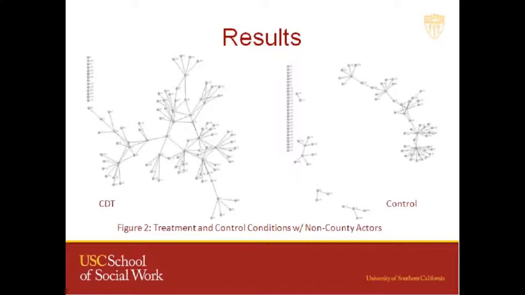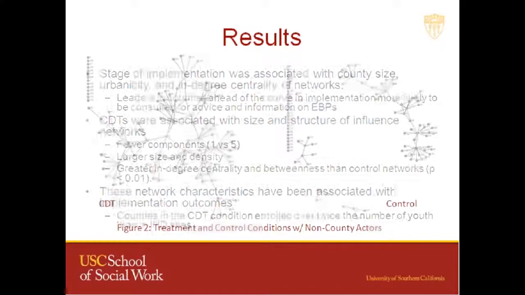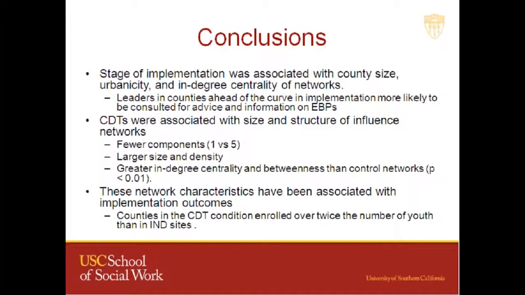So what we learned from this study was that the stages of implementation were associated with the size of a county, its urbanicity, and the in-degree centrality of the networks. Secondly, that community development teams were associated with size and the structure of networks by having only one component versus the 5 separate components in the control condition.